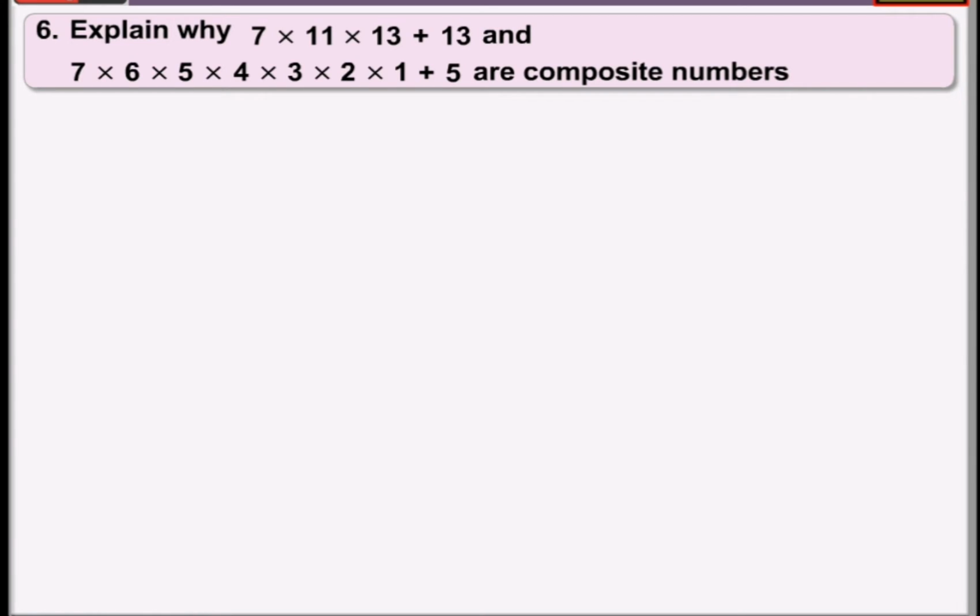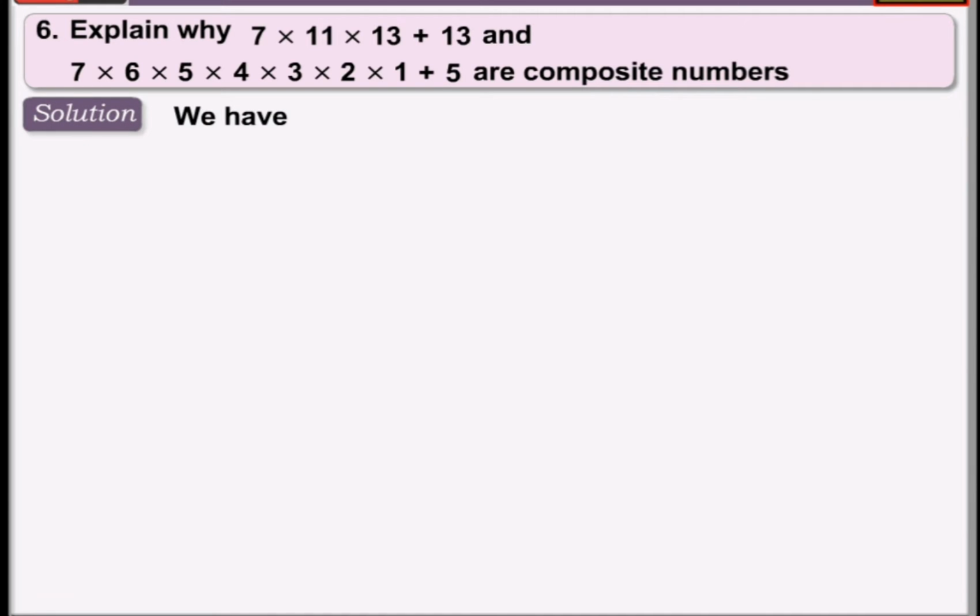Explain why 7 into 11 into 13 plus 13 and 7 into 6 into 5 into 4 into 3 into 2 into 1 plus 5 are composite numbers. Solution.